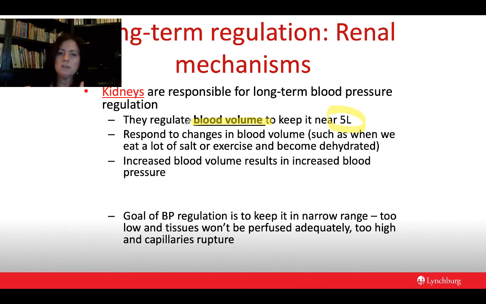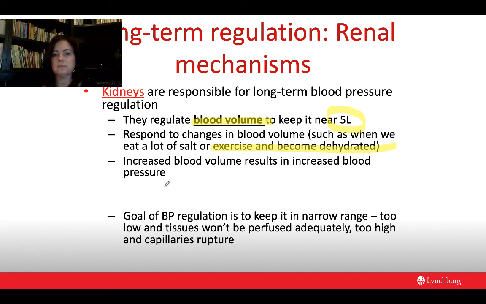So when you eat a lot of chips, let's say, and your body retains a lot of water, it's going to help adjust. It might take it a day or two, but it's going to help adjust the blood volume there. Or on the flip side of things, if you are exercising and become dehydrated, maybe your blood volume decreases, where your kidneys are going to help conserve fluid to bring your blood volume back up again.